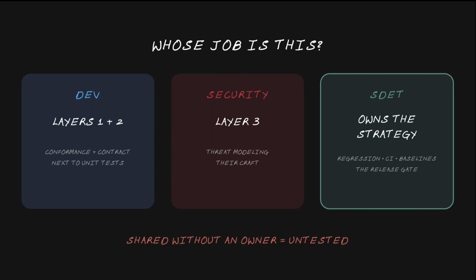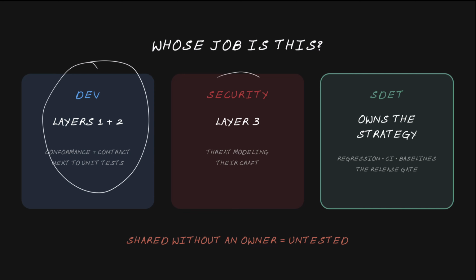Alright, now whose job is all of this? The honest answer is it's a shared responsibility. But let's be more specific. Who is going to own what layers? Let's start with the devs. Devs are going to own layer 1 and layer 2 because the conformance and contract tests sit next to the unit test cases like any other service.